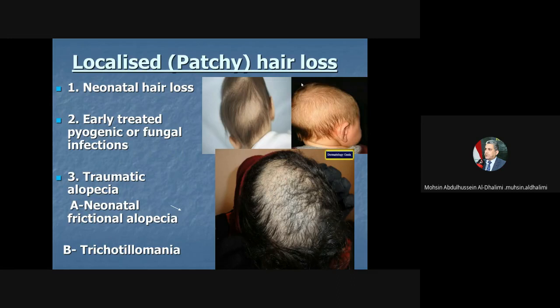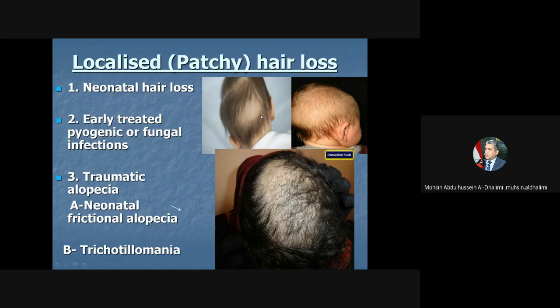Traumatic alopecia means there is an exogenous cause for the hair loss, when there is an exogenous trauma applied to the hair shaft, leading to destruction of the hair shaft and loss of the hair. One of the classical examples is neonatal frictional alopecia.